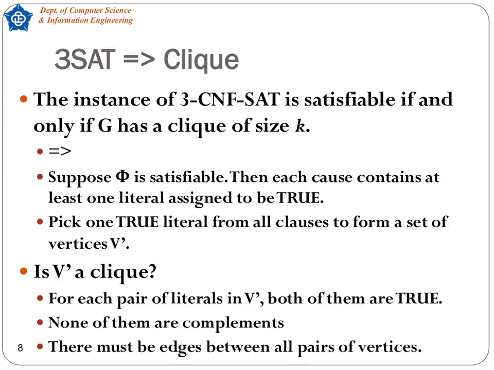We then pick exactly one true literal from each clause and map it to a vertex in G, forming a candidate set V of k vertices. Because none of these chosen literals contradict each other, and all are true, the graph construction guarantees an edge between every pair of vertices in V. In other words, V is indeed a clique of size k. This shows that satisfiability of phi implies the existence of a k-clique in G.